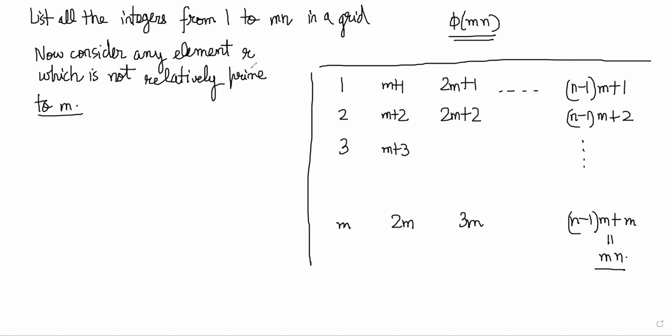So basically the GCD of r and m is not equal to 1, right? So GCD of m and r is equal to d, and d is not equal to 1, right?